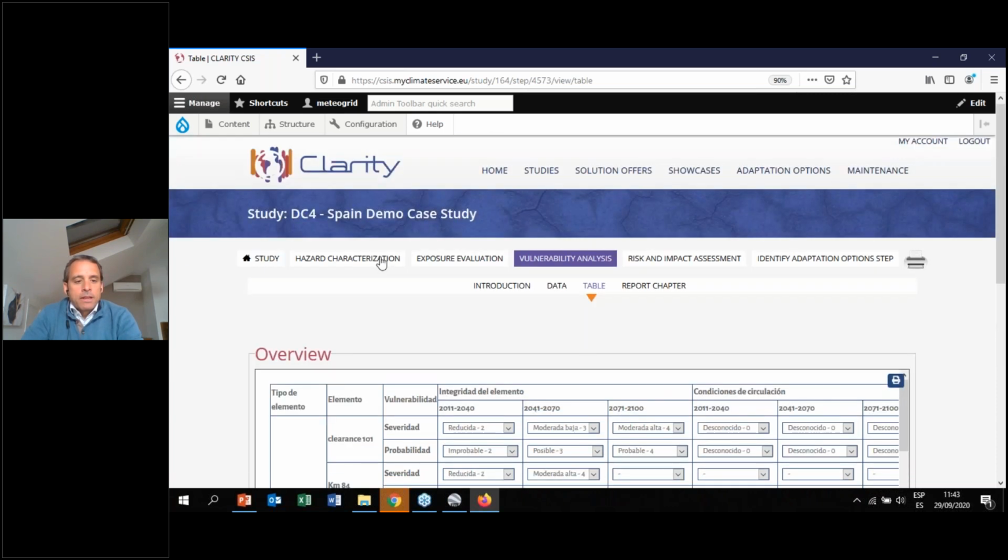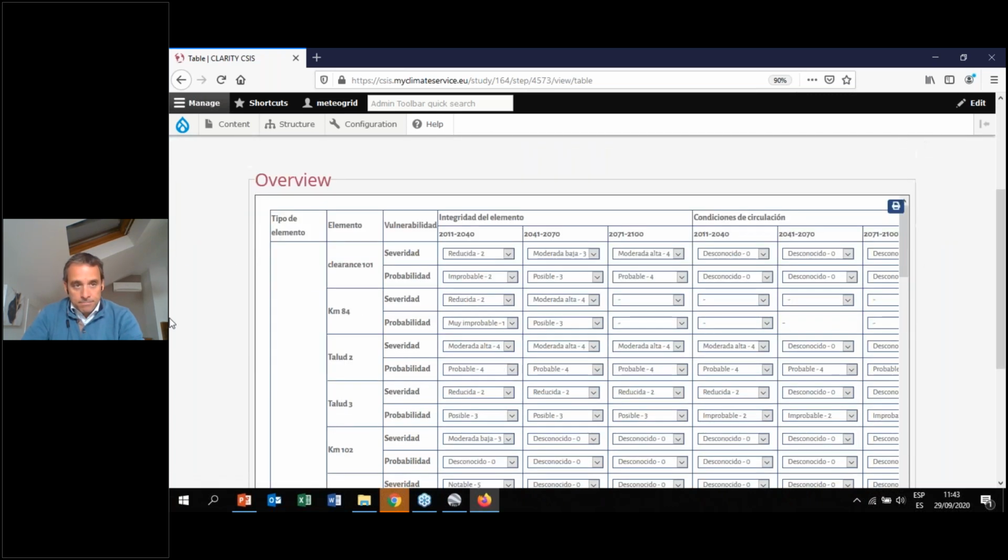We have analyzed them with the hazard characterization, and the expert criteria decided if the integrity and the severity of the exposure to the specific climate index is rather severe or weak, along the years, for the different period scenarios up to 2040, 2070, and 2100.